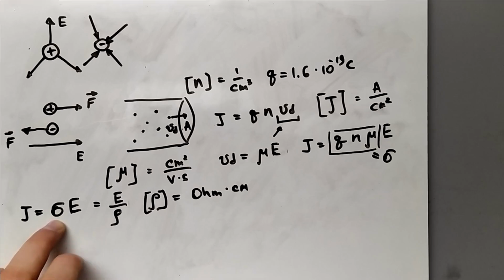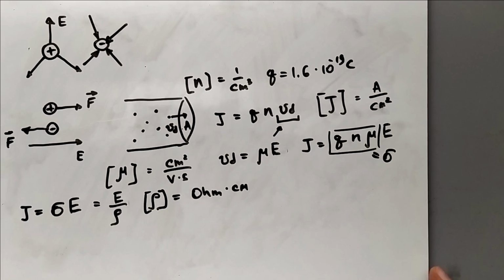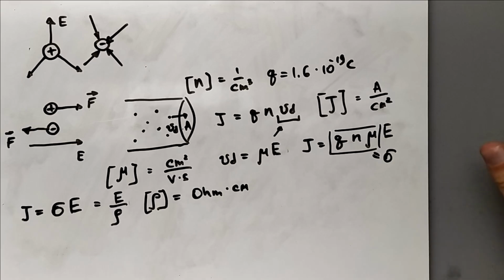So sigma and rho, the specific electrical conductivity and specific electrical resistance, are characteristics of the material, and that's the quantitative way we can describe how well this material can conduct electricity.